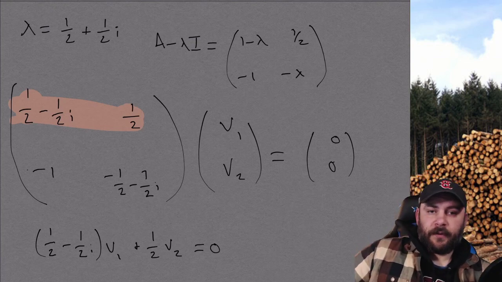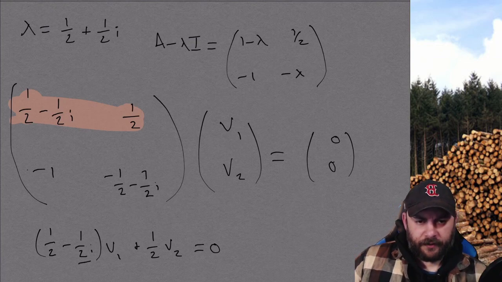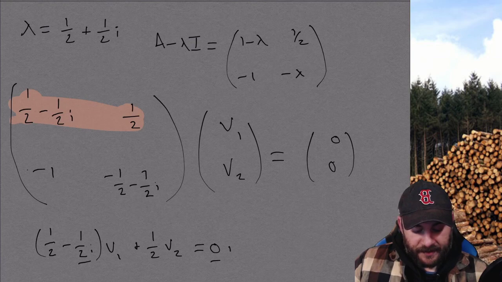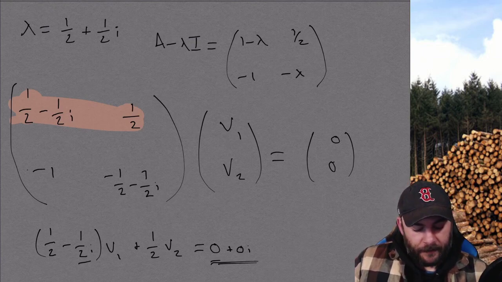At this point you might wonder, what am I supposed to do? I've got a complex valued thing over here and a real number over here. Well, 0 happens to be the same as 0 plus 0 i. So we do indeed have a complex number over here, just in a simplified form.